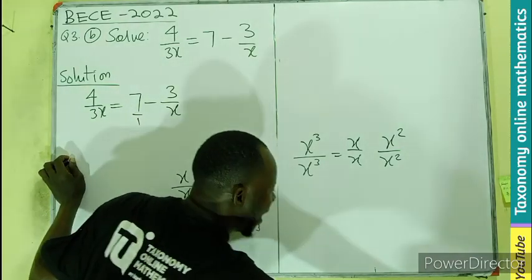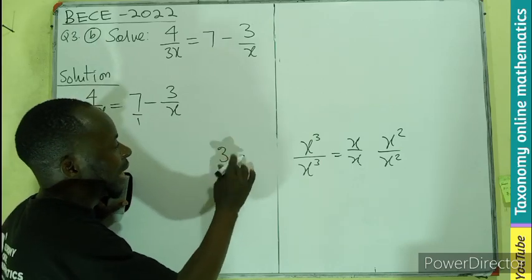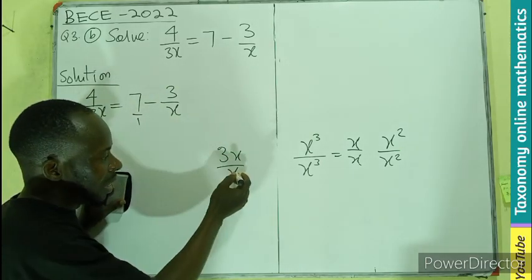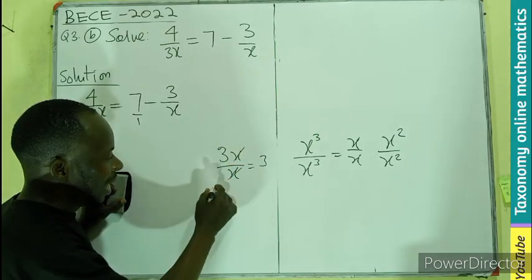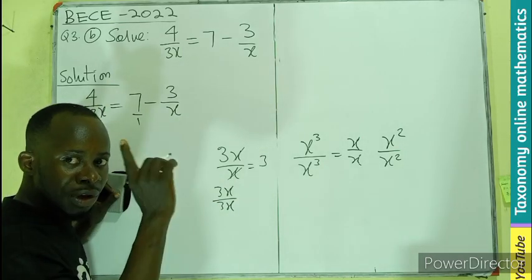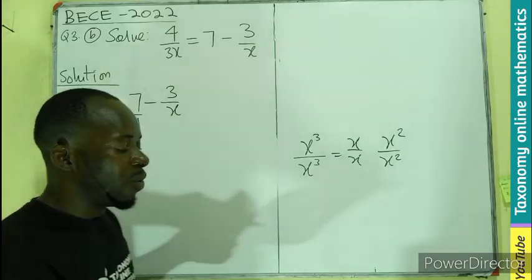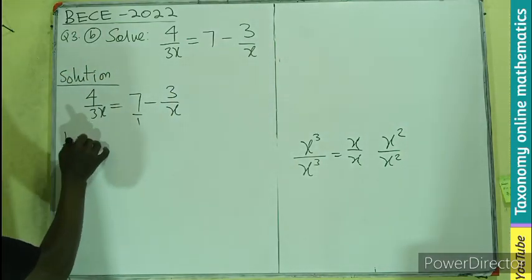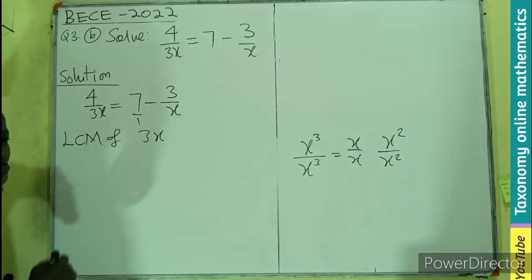If I want to divide 3x by the first factor here, x will cancel x, giving me 3 as a whole number. Then 3x divided by 3x, both will cancel, giving me a whole number. So we are going to use the denominator with the multiple of the variable as the LCM. So LCM of 3x, what do we do with it?